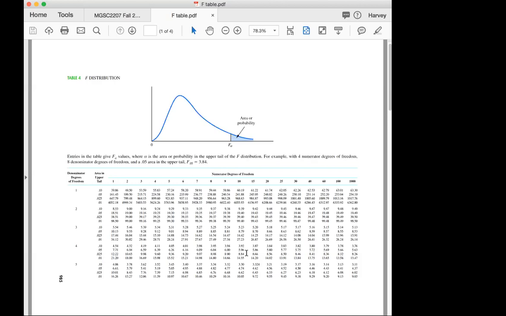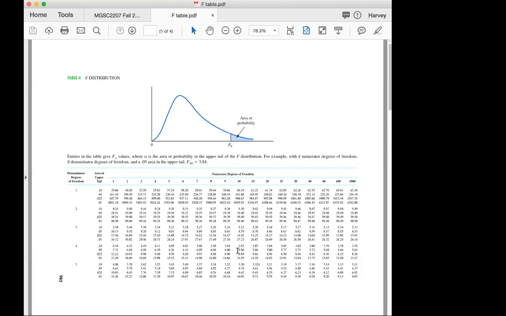If I wanted to find a p-value, and I told you my F value is, say, 6.1, I'm just going to use that. The combination of numerator and denominator degrees of freedom is 10 and 4, the same combination, but my F value is 6.1. So let's look at that: 10, 4, and I'm looking for 6.1.